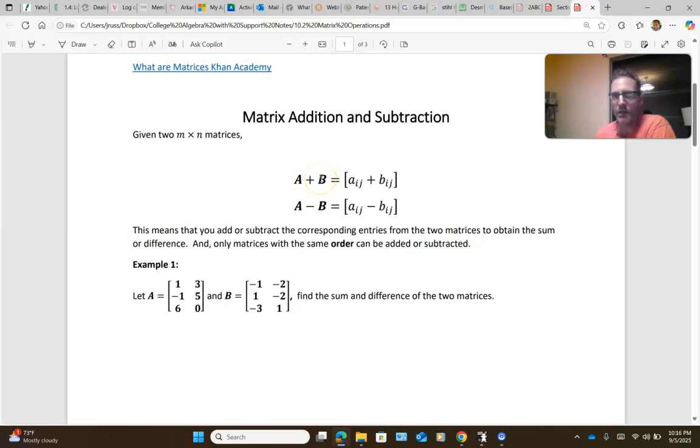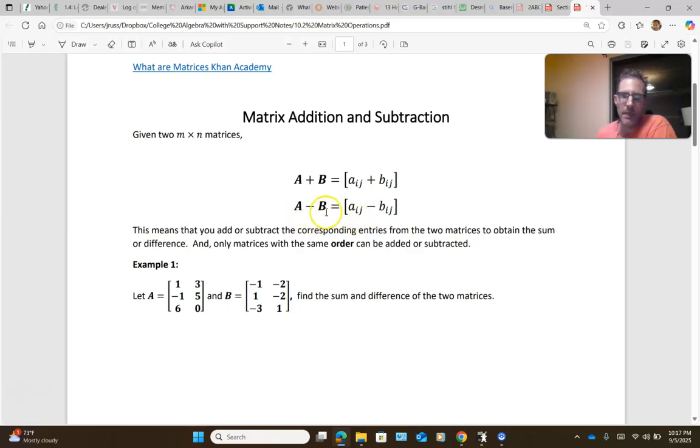So how do we add those two? Well, what this is telling you right here is that you're going to take each corresponding entry. Like the entry from the first row, first column, plus the entry from the first row, first column of your second matrix. That's how you do it. So corresponding entries, that's what this means right here. Now, we won't get into these subscripts. And the same thing for subtraction.